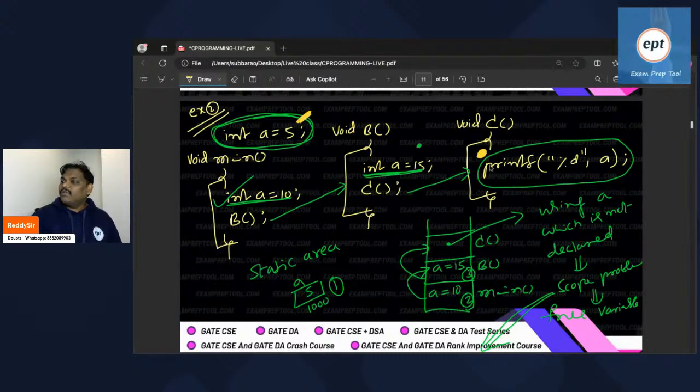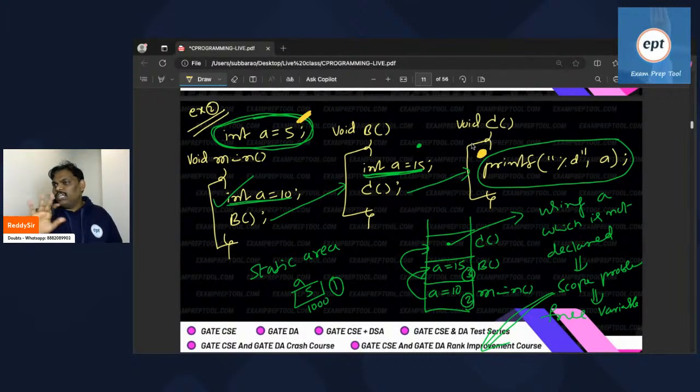But whenever there is a scope problem, I said to the compiler, if you know there is a scope problem, please keep quiet. Compiler says that while compiling, I got a scope problem. I said to the compiler, you please keep quiet. Whenever there is a scope problem, don't worry.